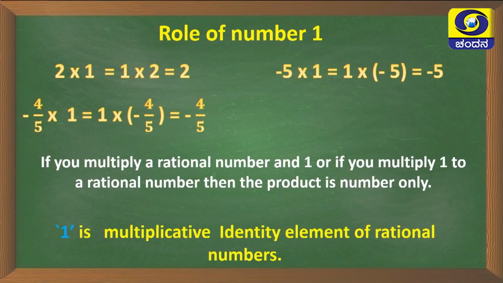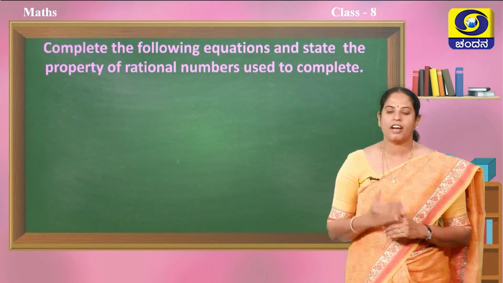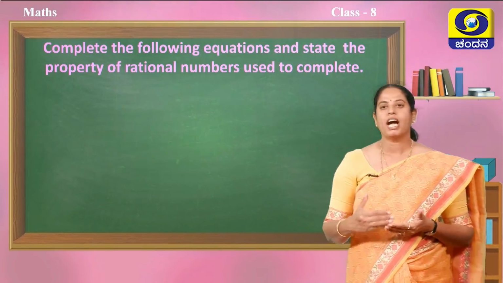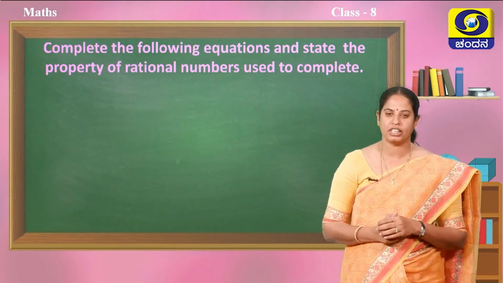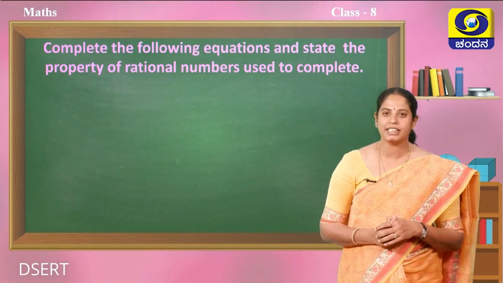Yes, hence 1 is called as multiplicative identity element of rational numbers. Good children, up to this we have learnt commutative, associative and identity elements of rational numbers. There are few more properties that we are going to learn in the next session.